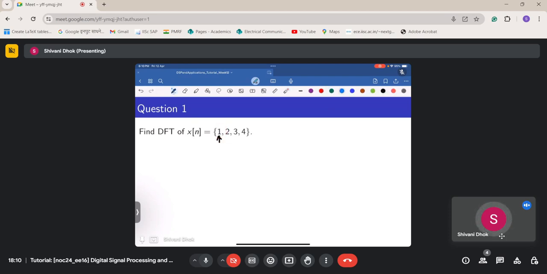The formula for DFT is x of k is equal to, and let's say we find out the 4-point DFT. It will be the summation n equal to 0 to n minus 1.